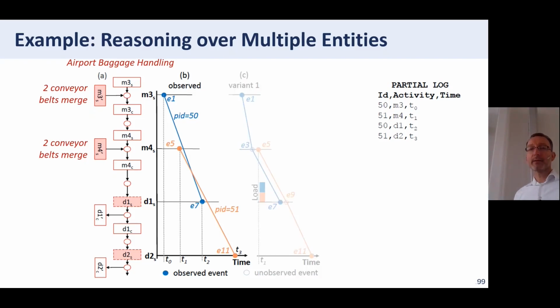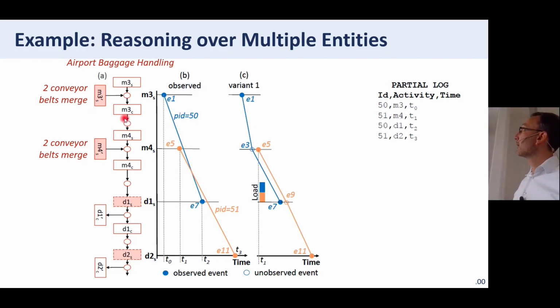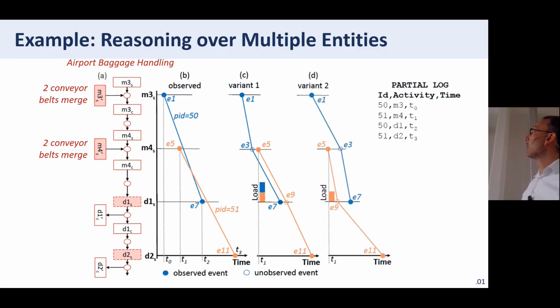So reality is either that the blue one came before the orange one, and in this particular time period I had two bags on the belt, or the orange one was actually first and the blue one came later, and then I always just had a load of one bag on the belt. But this matters if I try to estimate performance and identify bottlenecks.